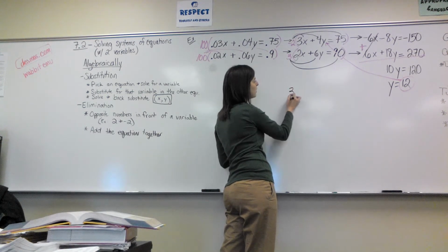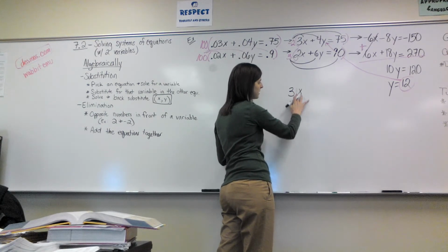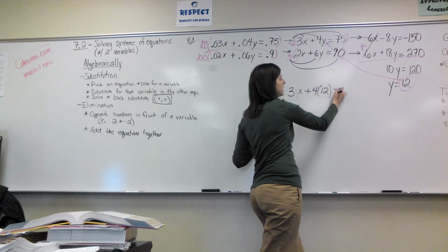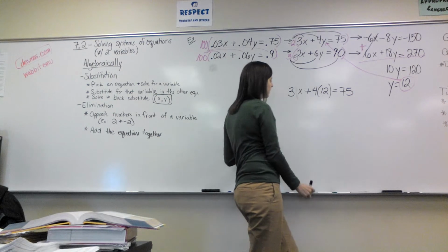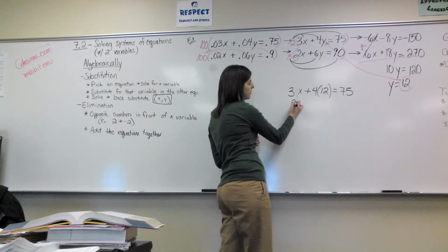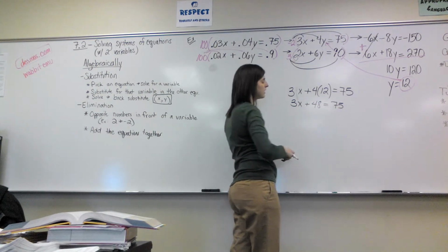Here we go. 3 times x, which we don't know, plus 4 times 12 equals 75. All right, 4 times 12 is 48. So 3x plus 48 equals 75.